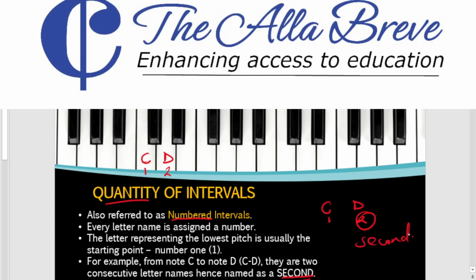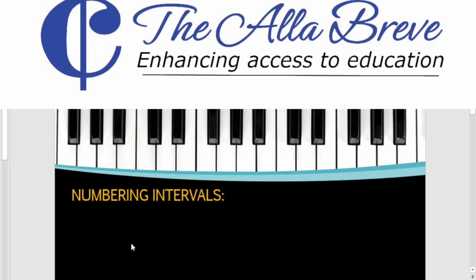In the next section, we want to look at how to number the intervals. So get ready, have a pen and paper. We work them out together for your understanding. Numbering of intervals. When we start the numbering of intervals, let's consider first the same letter.